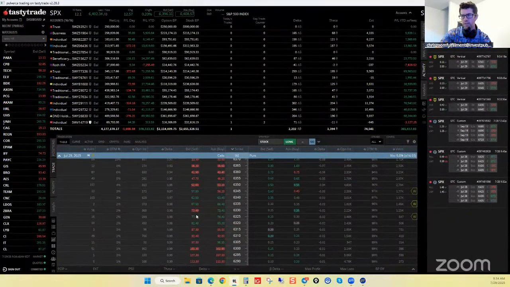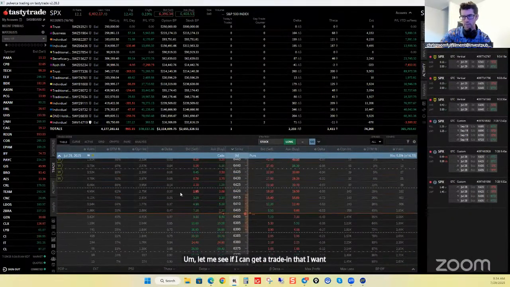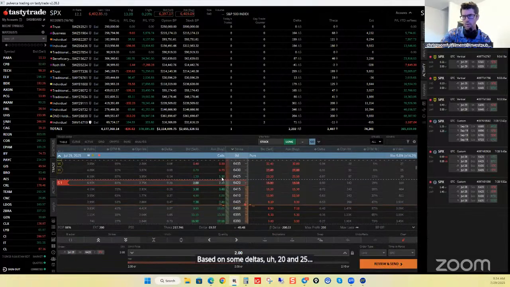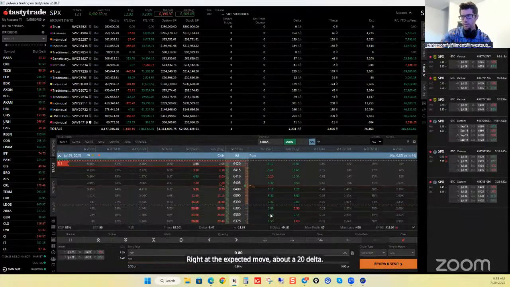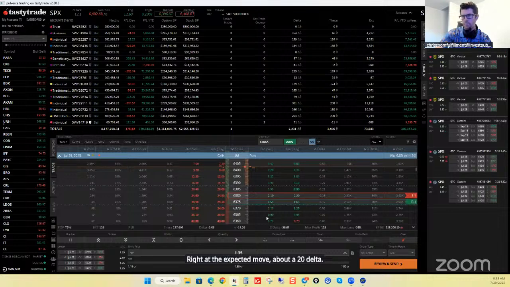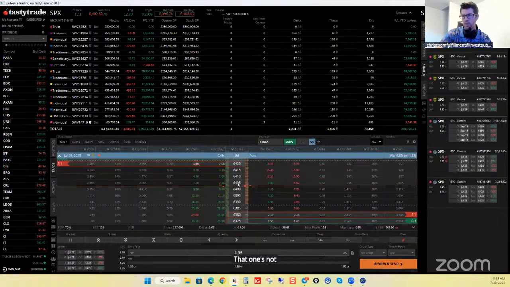Let me see if I can get a trade in that I want based on some deltas. 20 and 25. Right at the expected move, about a 20 delta. That one's not too bad to try to grab a few bucks.